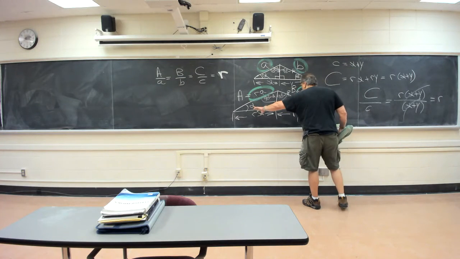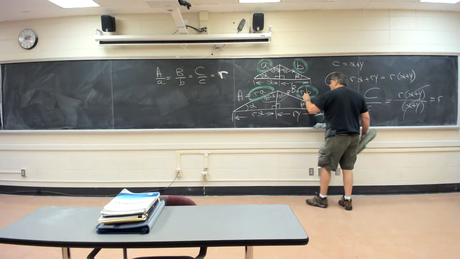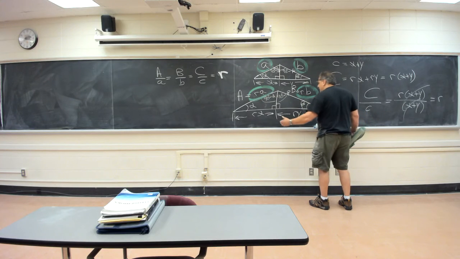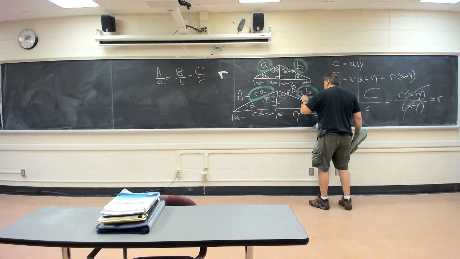If you go the real long one divided by RB, that is R times the quantity x plus y divided by RB.